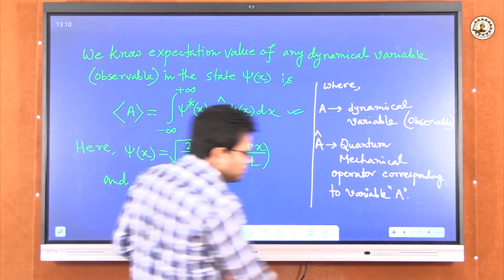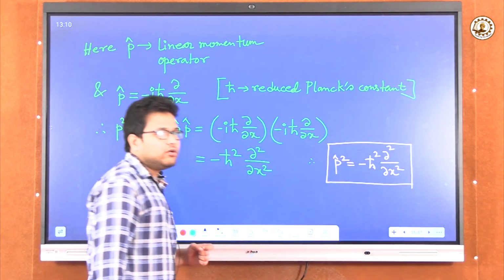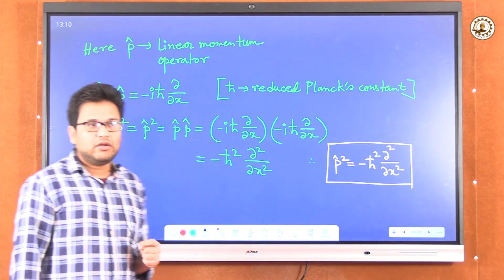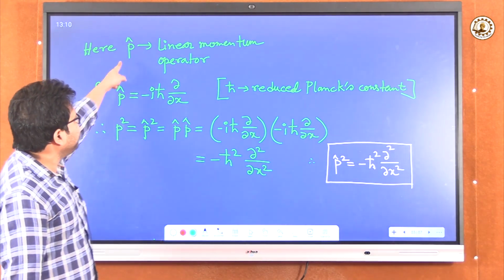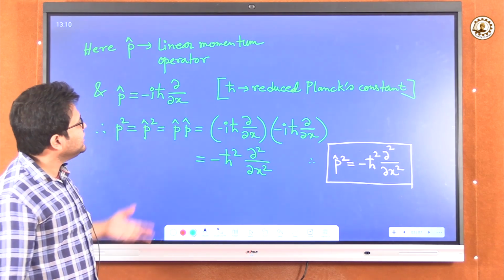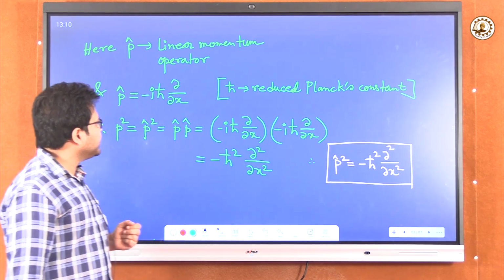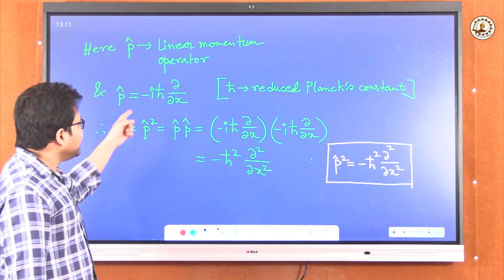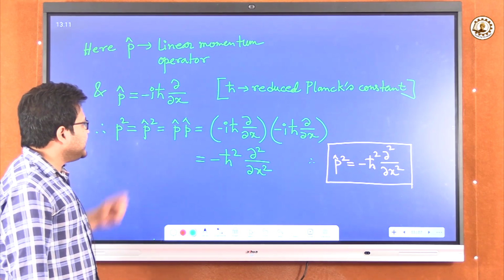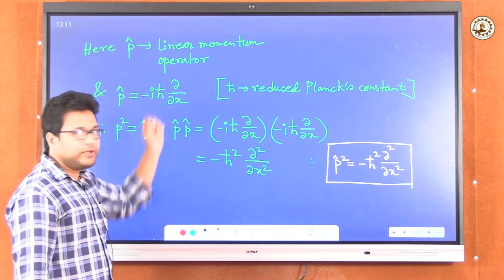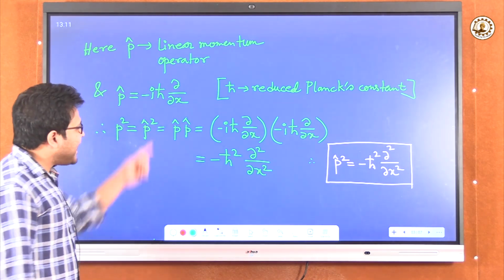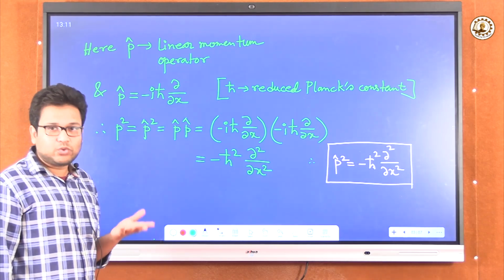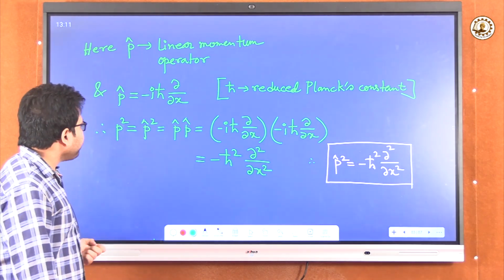Now we know the quantum mechanical expression for p. p cap, the quantum mechanical linear momentum operator, is p cap equals minus i h cut del del x, that is the partial derivative with respect to x. Here h cut is the reduced Planck constant and i is root under minus 1.